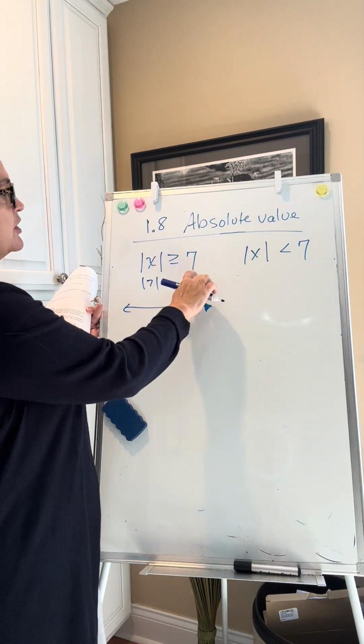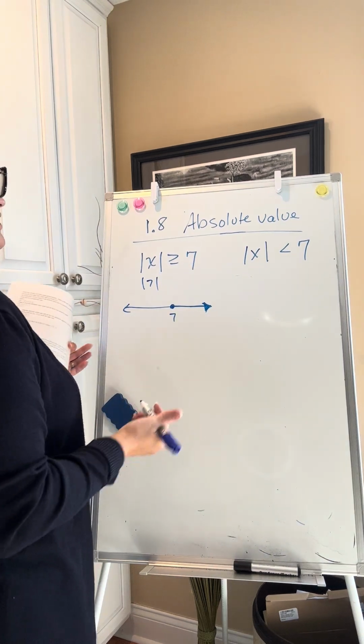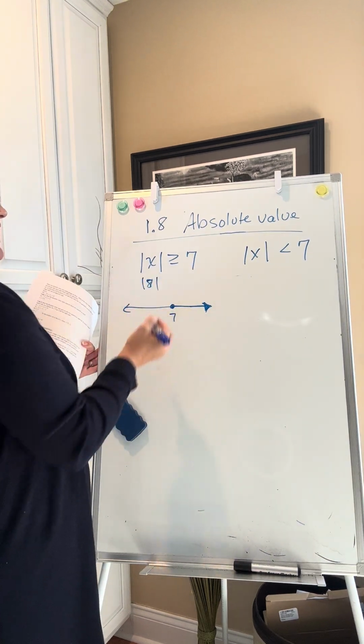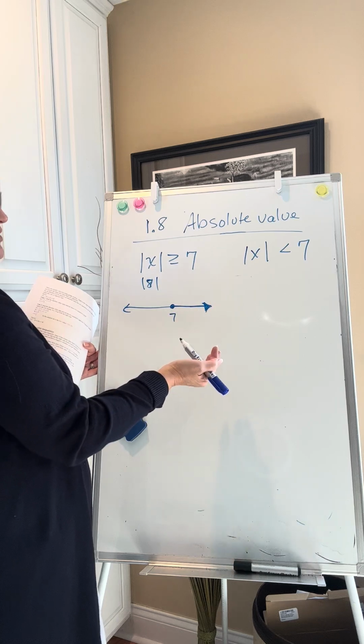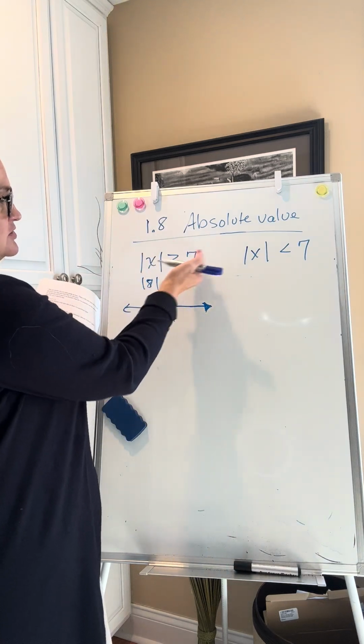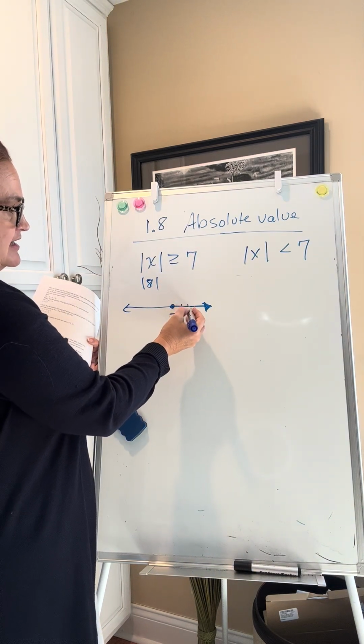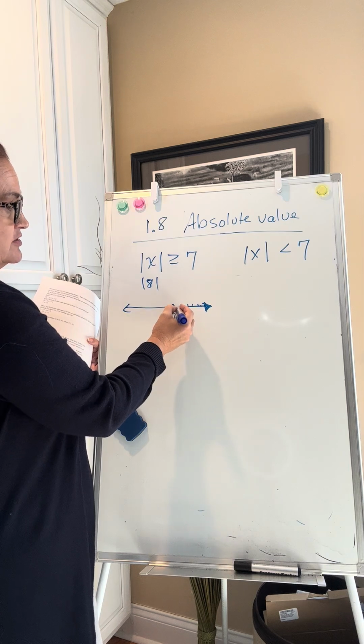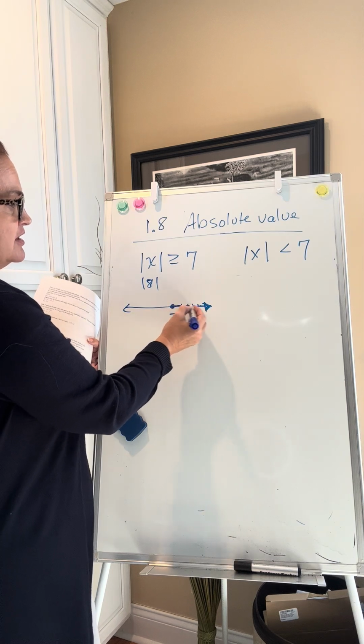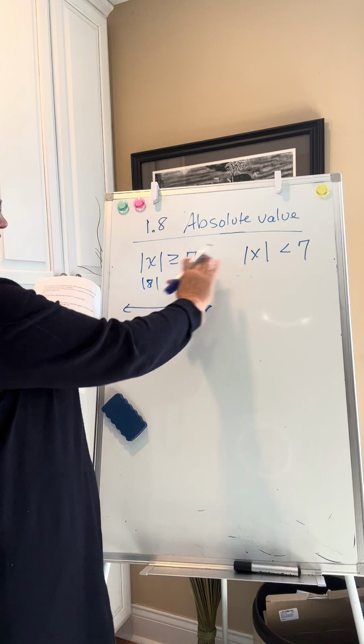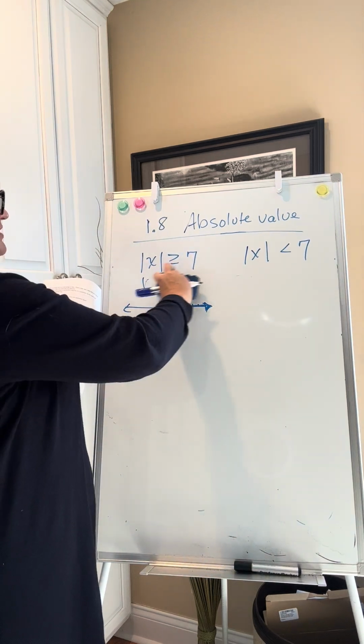It's the equal to part, so it's including that endpoint. But also if I plug in, let's say 8, the absolute value of 8 is still 8. So 8 is also greater than or equal to 7. So 8, 9, 10, all these, and all the little fractional amounts between there. So greater than or equal to 7 is going to work.